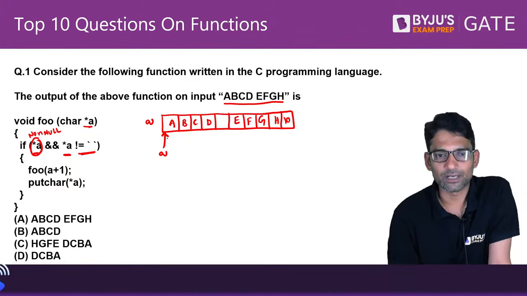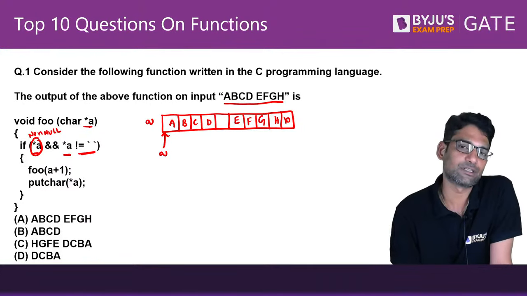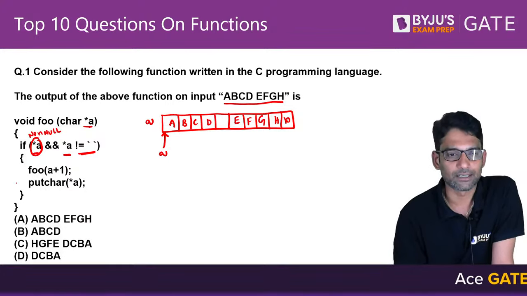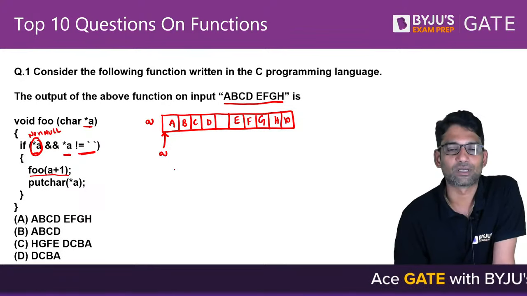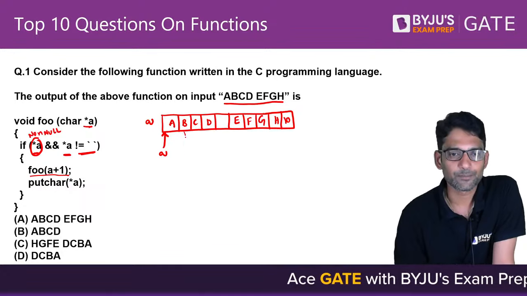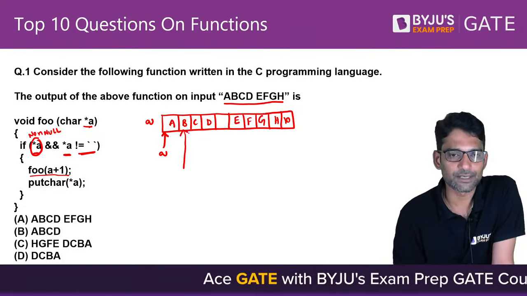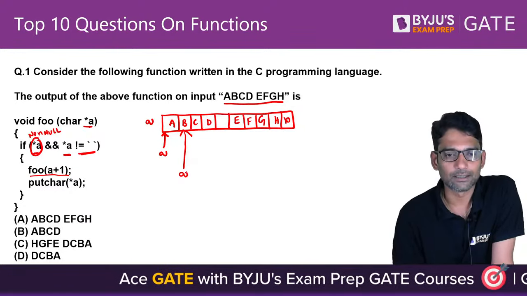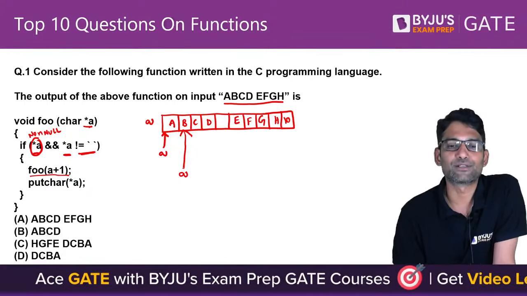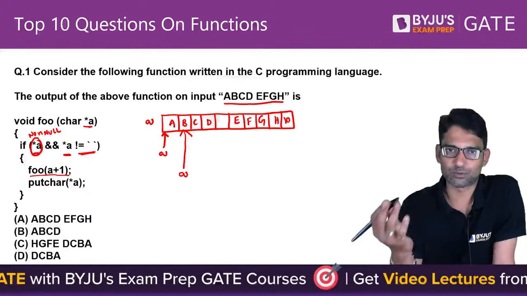So where A is pointing at capital A, which is non-null, not space, hence foo of A plus 1. That means the function is recursively called and A points to B.